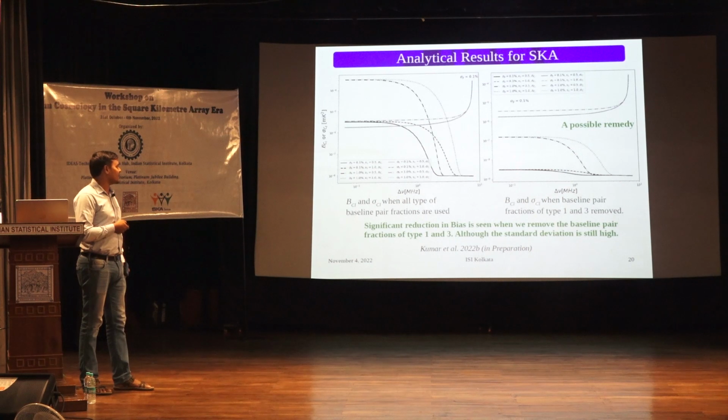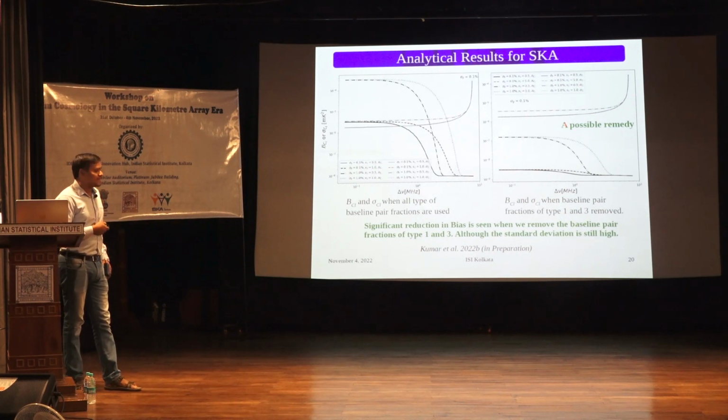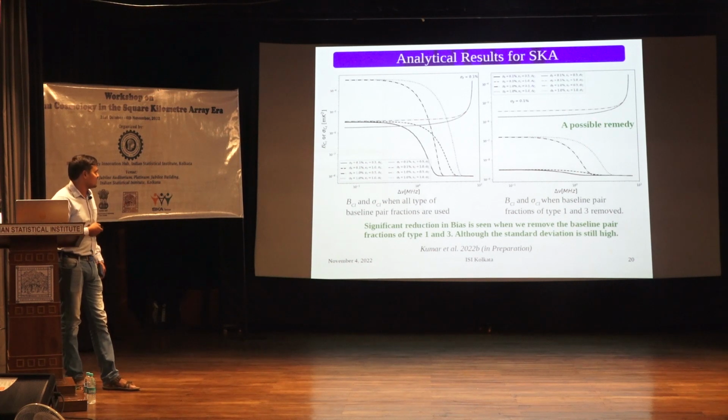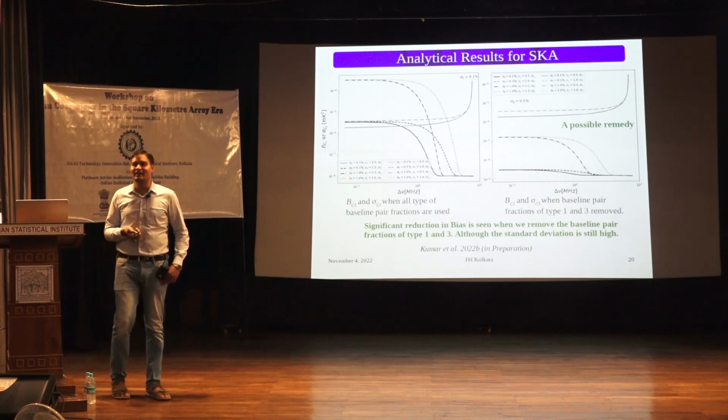Here we find that this reduces the bias significantly compared to the previous case when we have all types of baseline pairs. The error is not decreasing much, but that's fine, because the bias can be decreased significantly. So this can be a possible solution. We are still working on finding even better things.